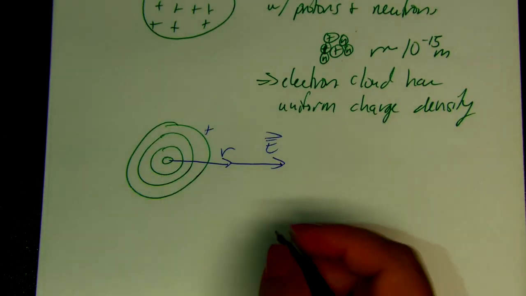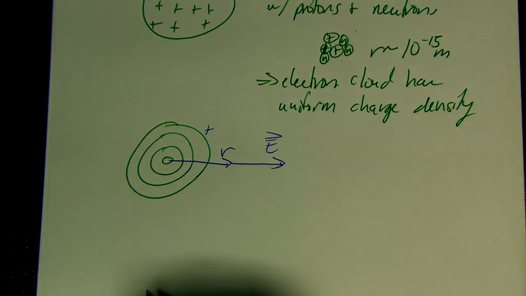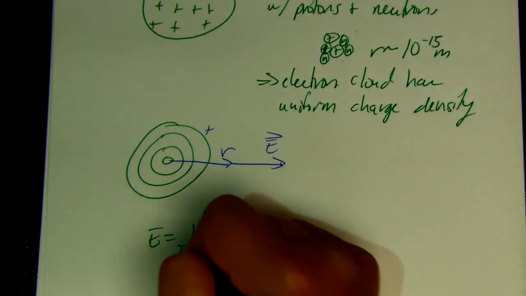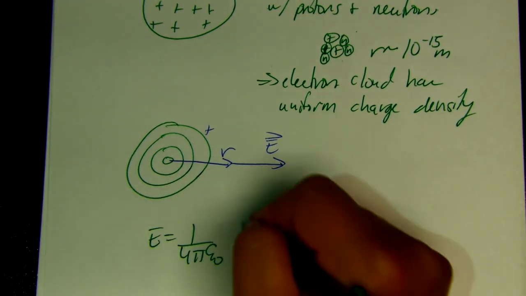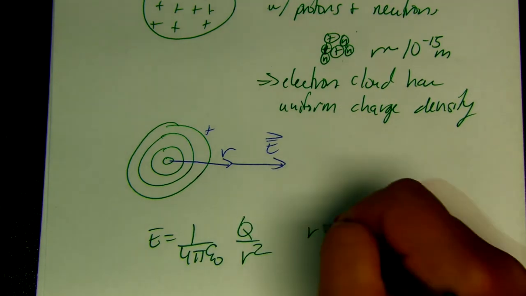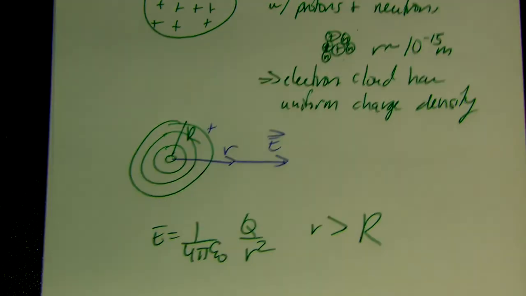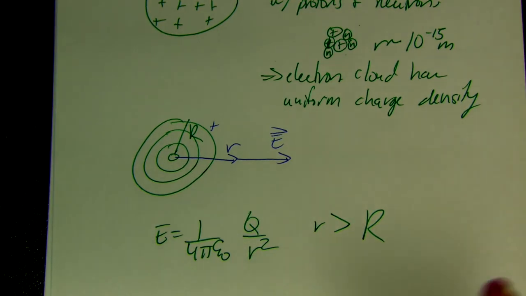And we can just think that through. So in that case, E is equal to 1 over 4 pi epsilon naught Q over r squared, where r is greater than the radius R of the shells.